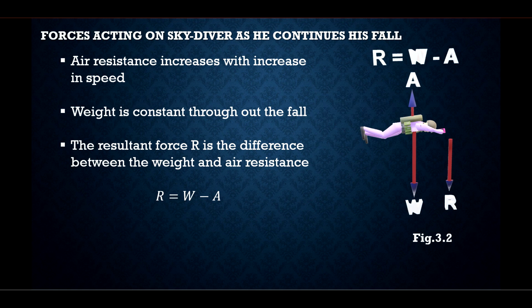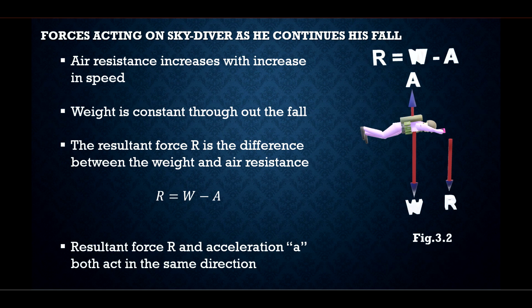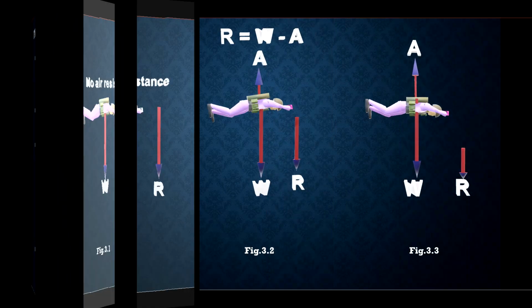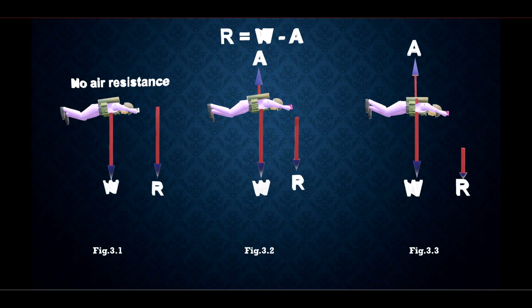Number 4. From Newton's second law of motion, we know that acceleration acts in the direction of the resultant force. Hence, resultant force R, acting on the skydiver, and his acceleration, are both acting downwards. Weight is constant as can be observed in figures 3.1, 3.2, and 3.3.